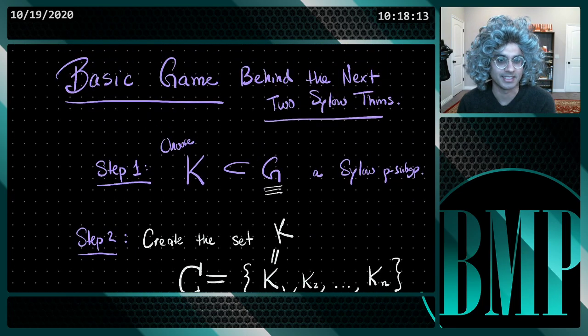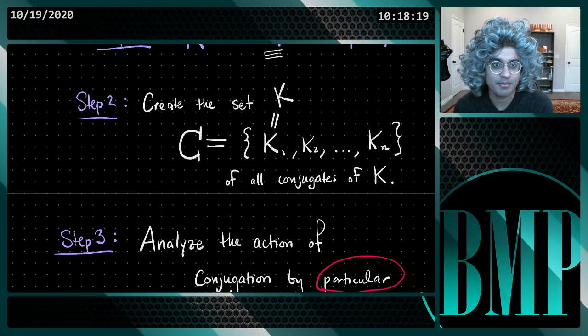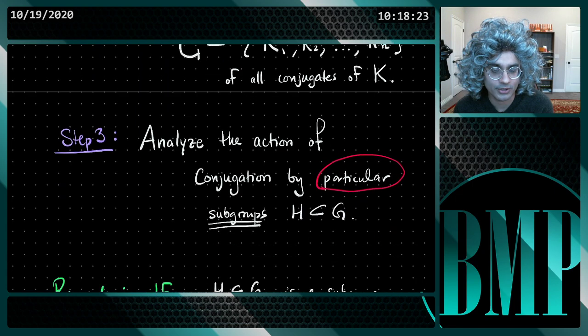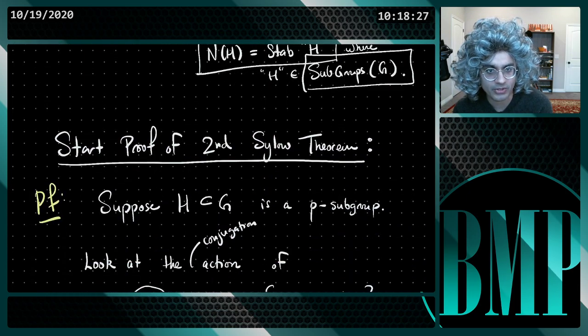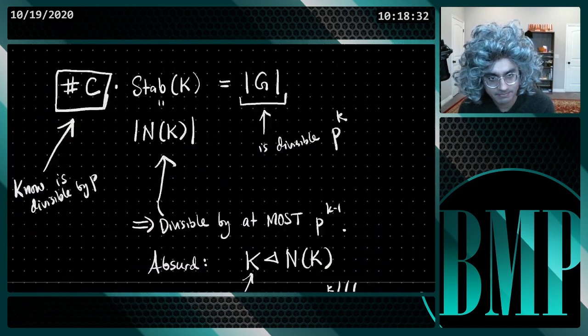Yeah, this basic setup and basic game. Review that, because that's what we'll use again for the third Sylow theorem. So if you get comfortable with this, you won't be so scared of the proof of the third Sylow theorem. Okay, and that's what I'll start with next class.